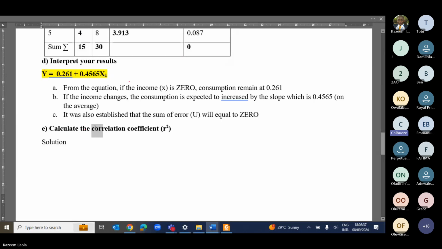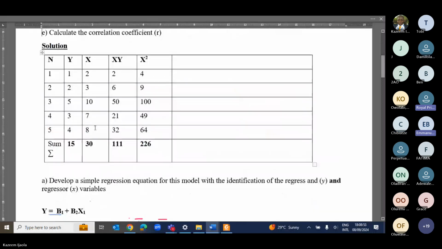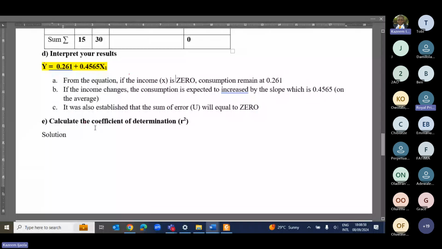There is no way your consumption will be 500. It will increase up to a particular point, but it can never exceed your income. In Nigeria, it normally exceeds income, we will collect loans, we will collect everything.